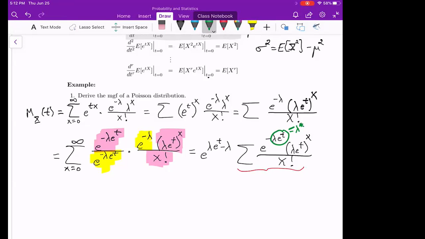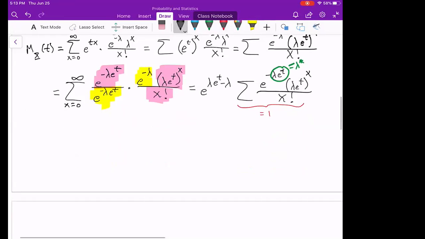So this is e to the negative lambda star times lambda star to the x power all over x factorial. And what do you know the sum of all the probabilities is for a discrete distribution? One, yeah.